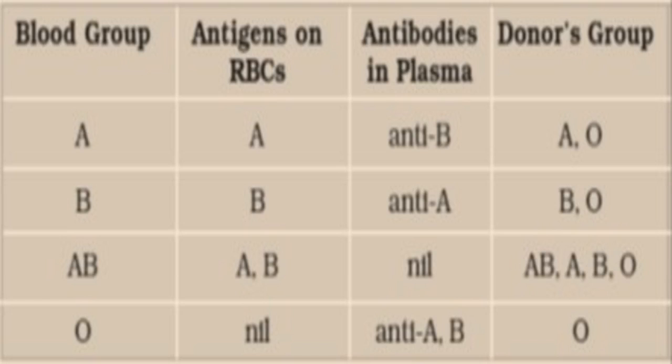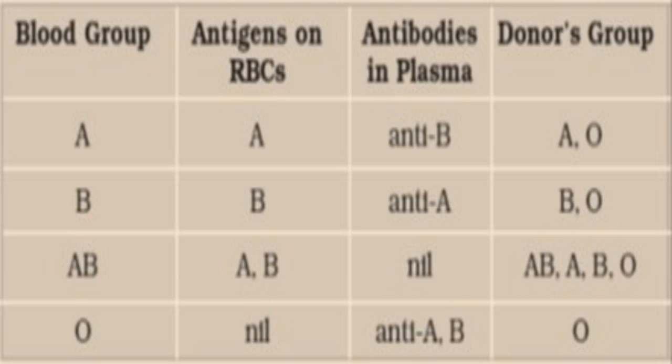If a person has blood group A, then the antigen on the RBC is A. A question arises here: what is an antigen? Antigen is nothing but a kind of protein present in RBCs.